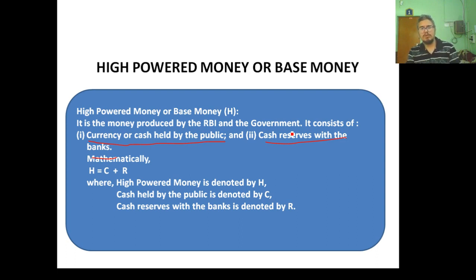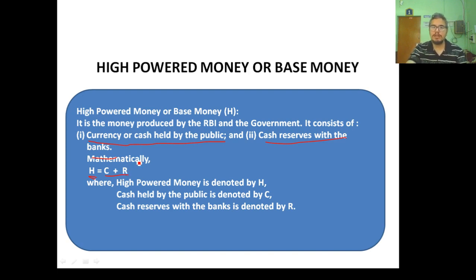You need to know one more thing: high powered money is directly related to the amount of money created in the economy, or the amount of money supplied in the economy. The higher the value of high powered money, that is C plus R, the higher will be the money supply in the economy.